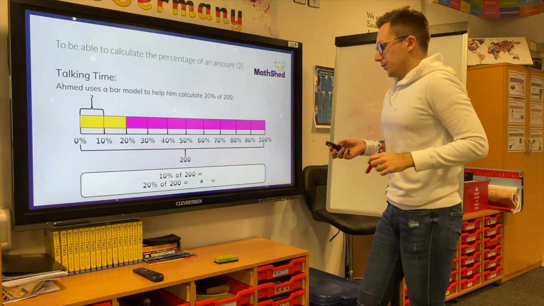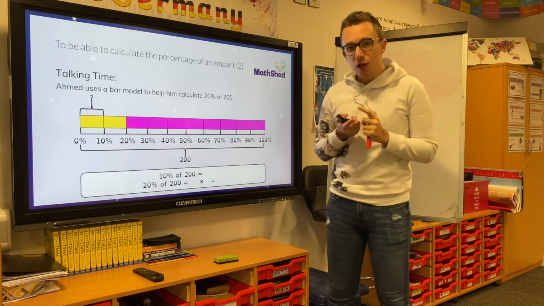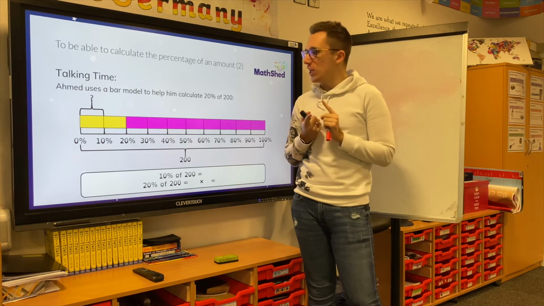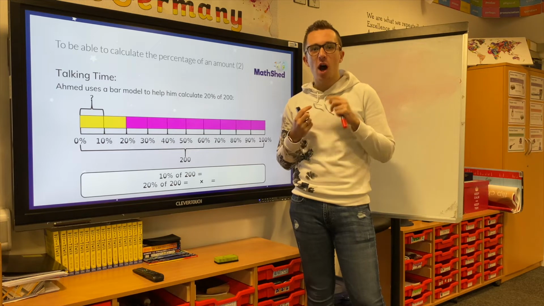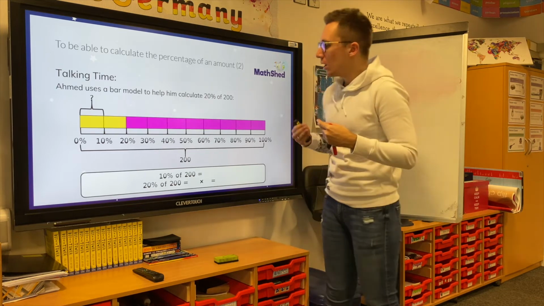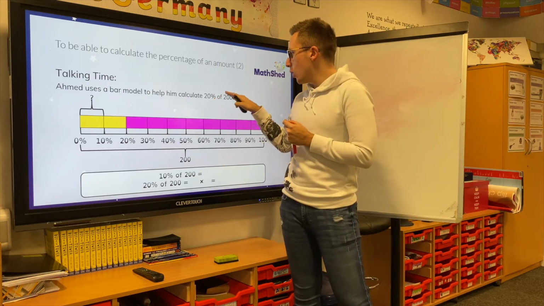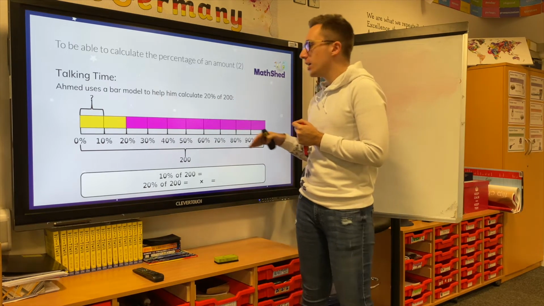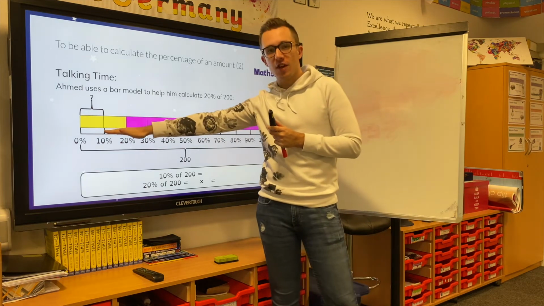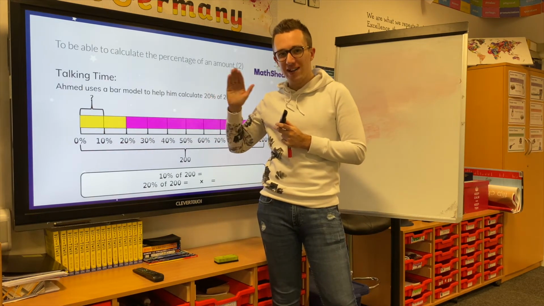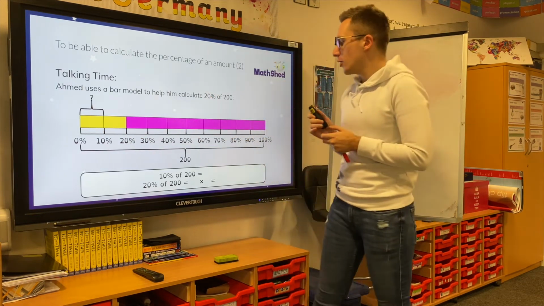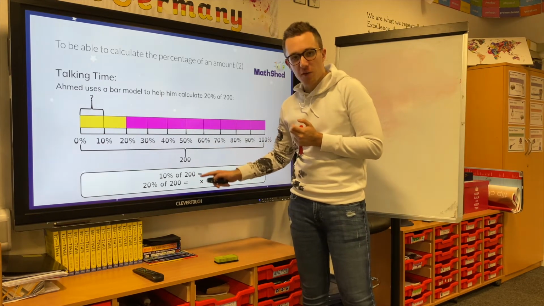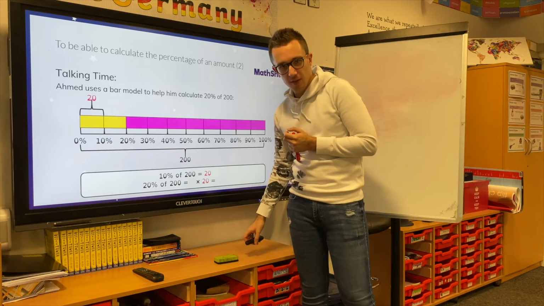So, if we know 10% and we know how to find 10%, we can use that to work out other amounts. This question here asks me to work out 20% of 200. Now we know how to find 10%. We divide by 10. So to find 10% of 200, we divide by 10, which is 20.